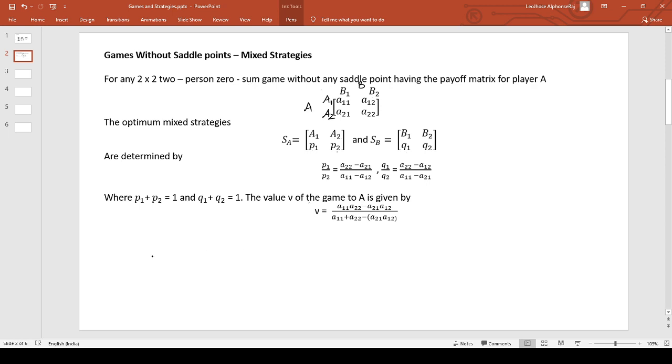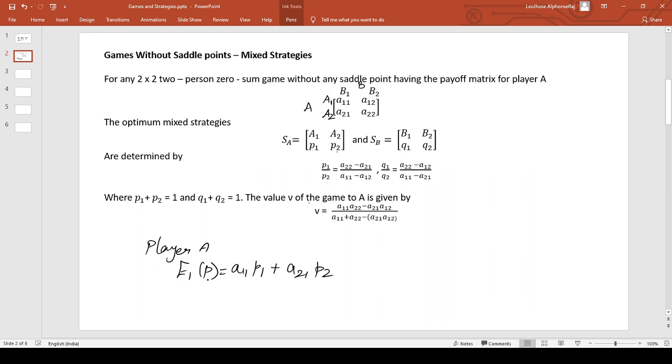The expected payoff matrix. First, assuming for player A, the expected payoff E1 of P is going to be of this form. That is A11, if B is going to use the strategy B1, we have this column matrix as the expected payoff matrix for player A. So A11 P1 plus A21 P2.